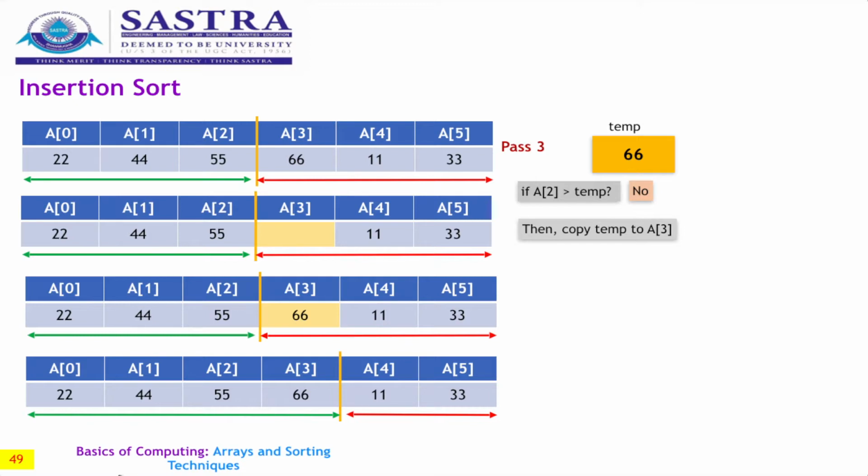Once it is copied, your array will be sorted for the first 4 elements: 22, 44, 55, and this time we have stored 66. Now the first 4 elements are sorted, and the remaining 2 elements are yet to be completed. So now we have completed up to pass 3.